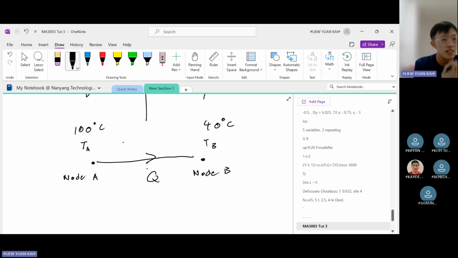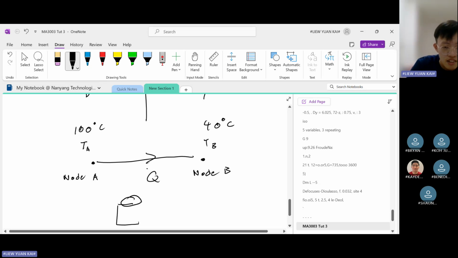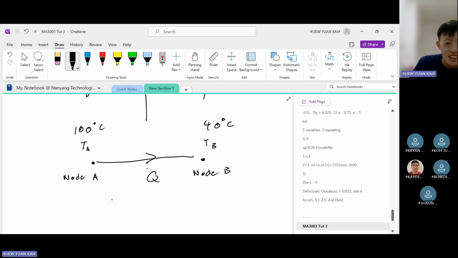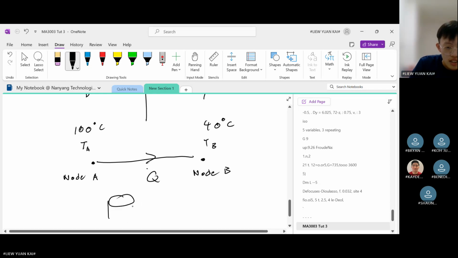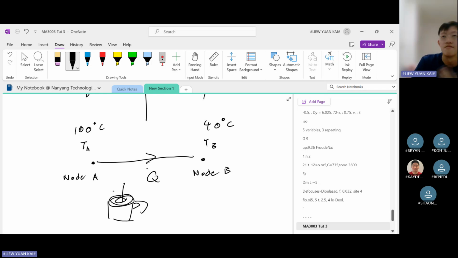Intuitively, think of a cup of hot coffee. Oops, it's quite an ugly drawing. You have a cup of hot coffee. Let's say the coffee was just boiling water, so it's 100 degrees Celsius, and your room temperature is 25 degrees Celsius. You notice that your hot coffee will cool down over time.